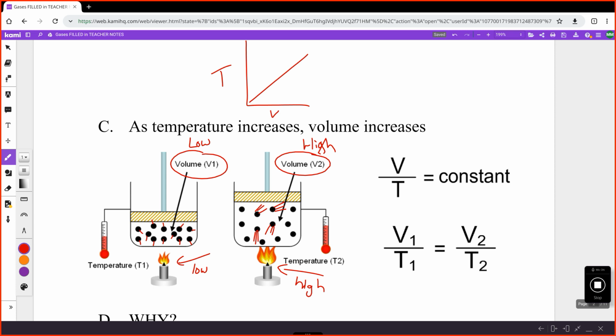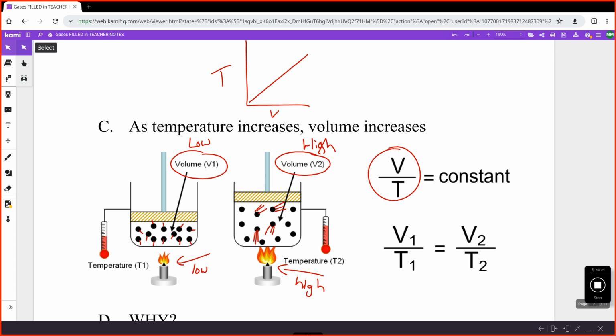Now over here on the right, what we know in direct proportions is that we can write this as V over T. And if V over T is a constant, then we could say V1 over T1 equals V2 over T2. And we could even plug in some numbers to explain that.